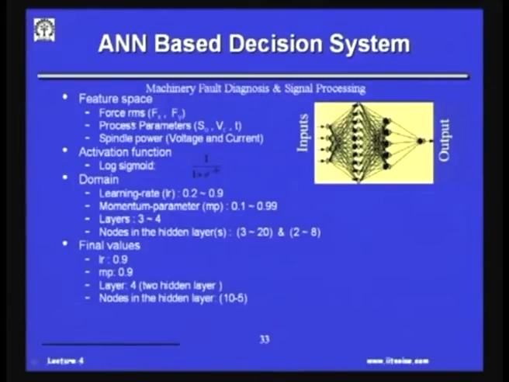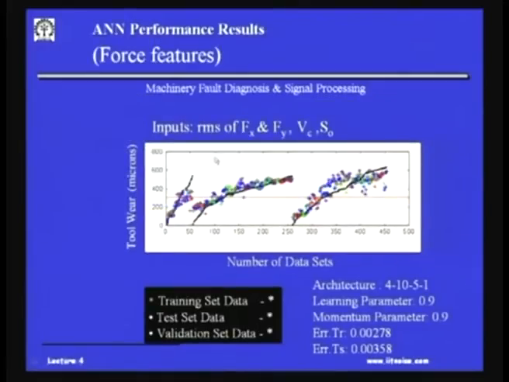In this case, the inputs were the RMS force in x, y direction, the process parameters like the depth of cut, the machining time, cutting speed, etc., spindle rotation, and then the spindle power. Then we used an artificial neural network with these conditions and tried to develop a model.